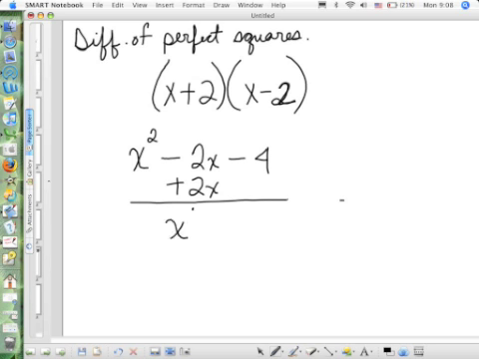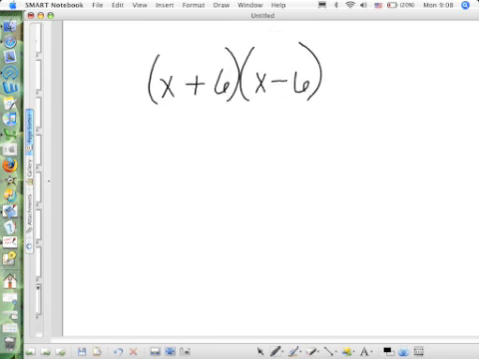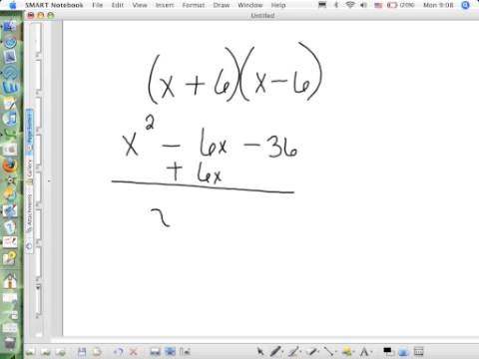So you have no middle term. Right? Let's FOIL this together. X squared minus 6x plus 6x minus 36. Once again, there is no middle term. It zeroed itself out.